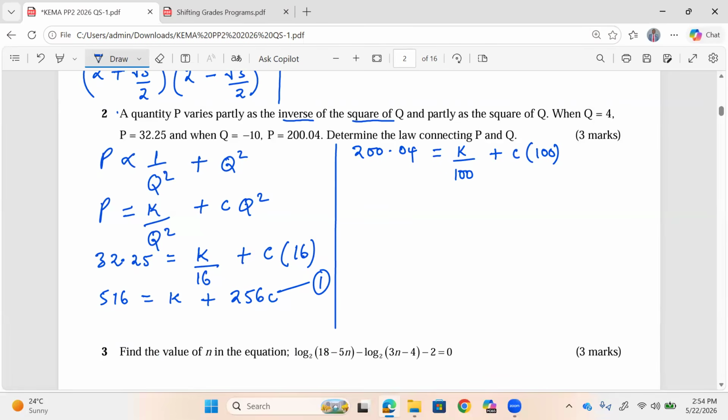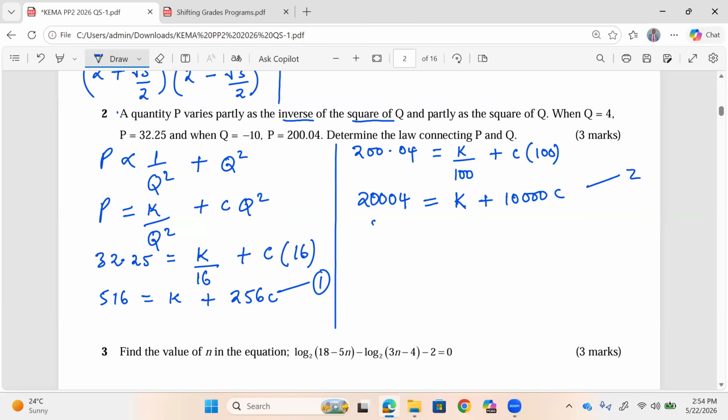So with this, we can multiply by 100 both sides to do away with the fraction here. So 20,004 equals K plus 10,000 times C. This is now equation 2.